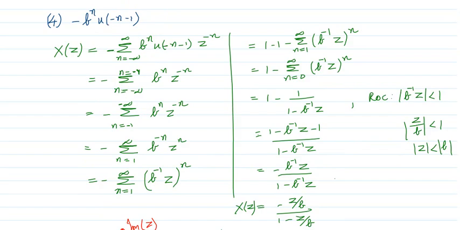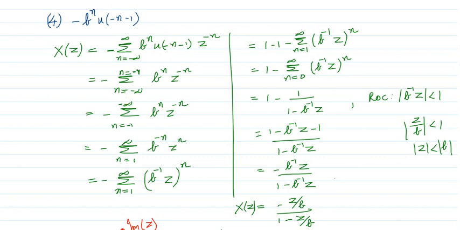Okay, next is minus b power n u of minus n minus 1. We know, as I have already discussed, that the value inside the bracket should be positive, so n should be negative, then only u is 1. So from minus infinity to minus 1, I am changing the limits to 1 to infinity.